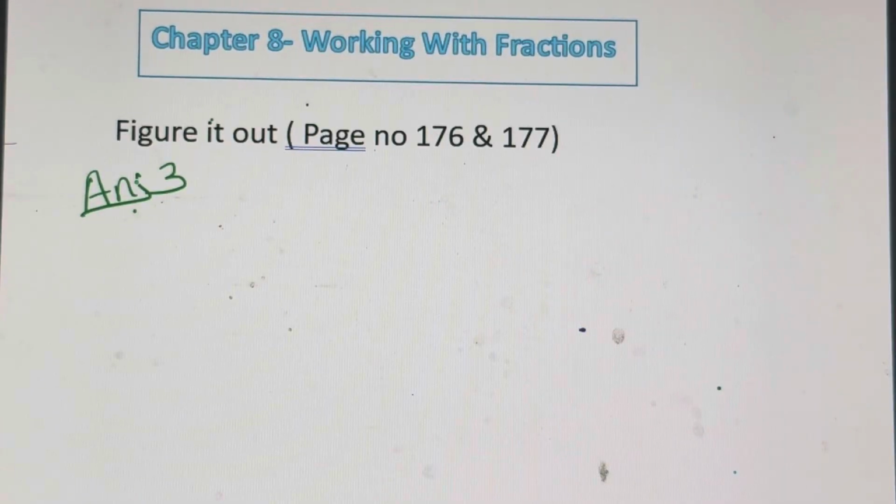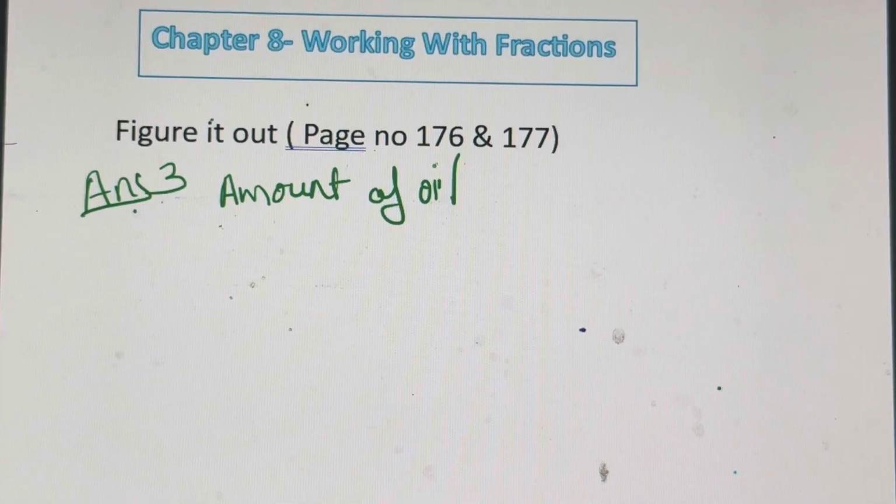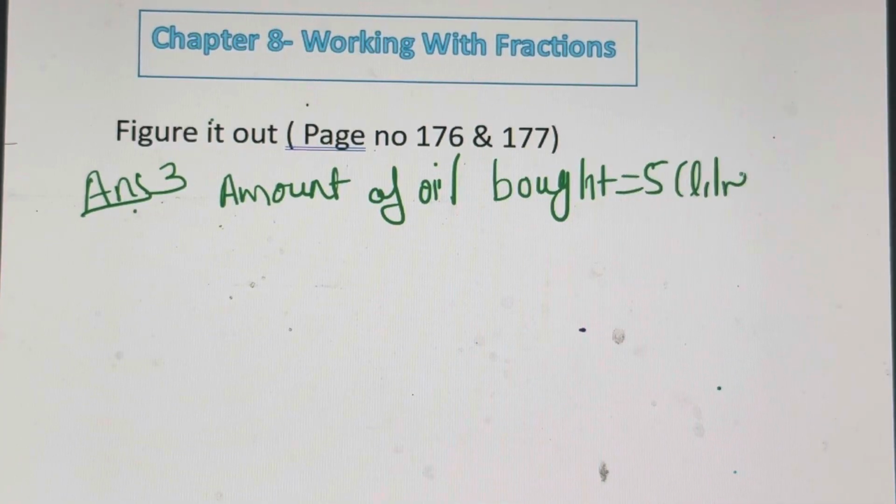So first part is they have asked how much each family gets in 1 week. So 5 liter was brought and it was divided into 3 families for 1 week. So it is 5 divided by 3, right? So you can write down the facts like amount of oil bought is equal to 5 liters. This is for 1 week, right?